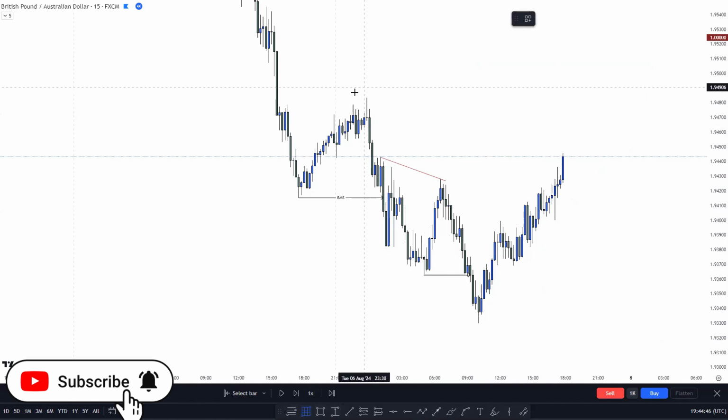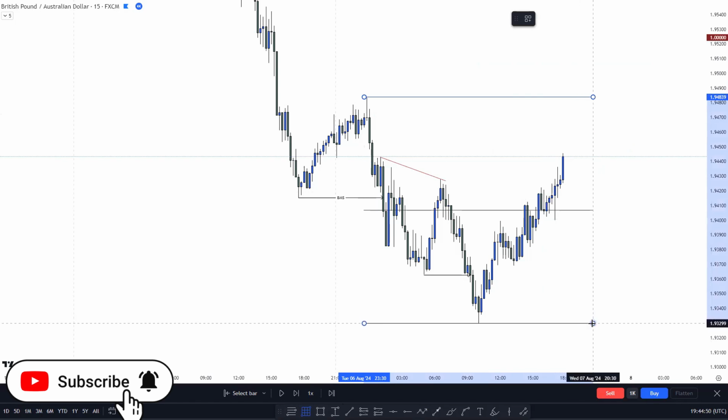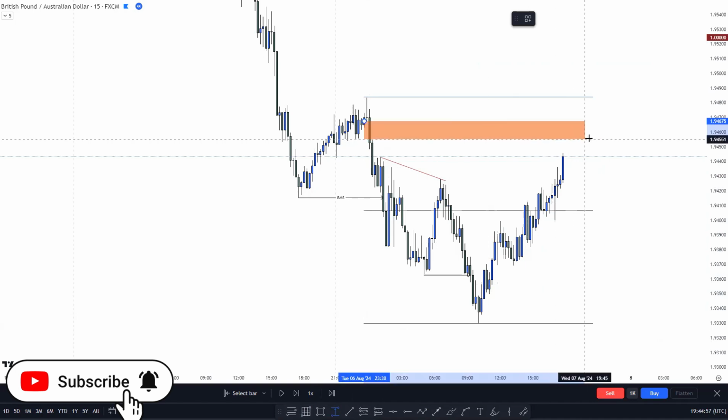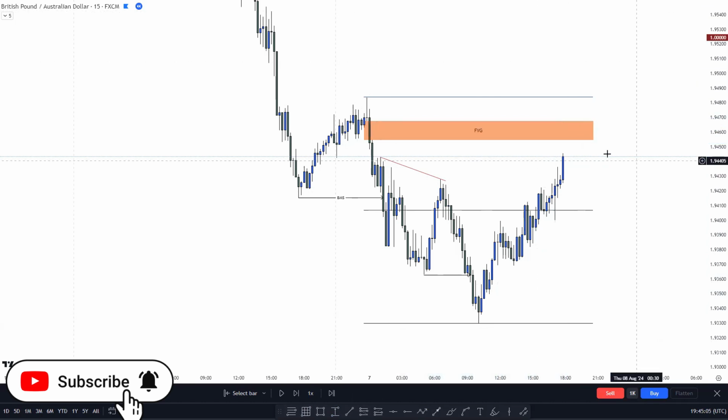So we identify our premium and discount channel, drawn from the swing high to the swing low here. We identify our fair value gap. We have this current fair value gap here, which price has not mitigated. That's our first confluence: price pushing into our premium channel, where we are looking to take our sell entries.